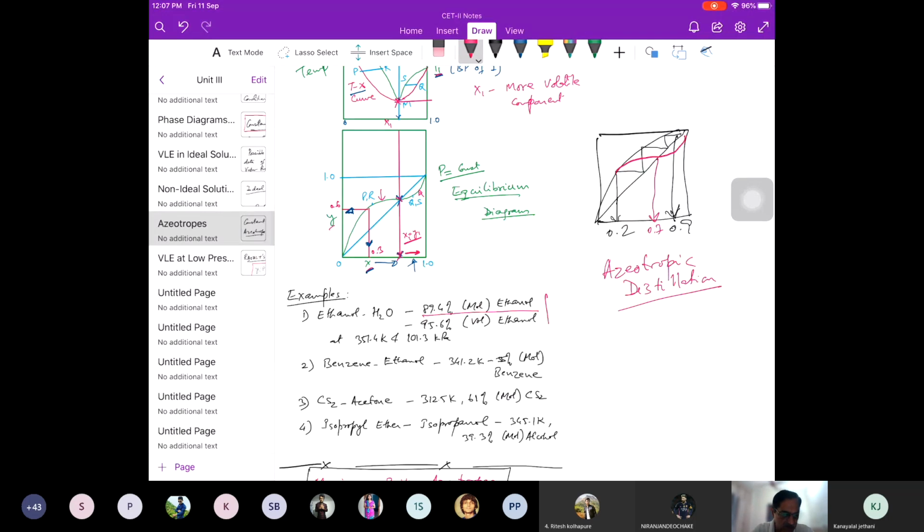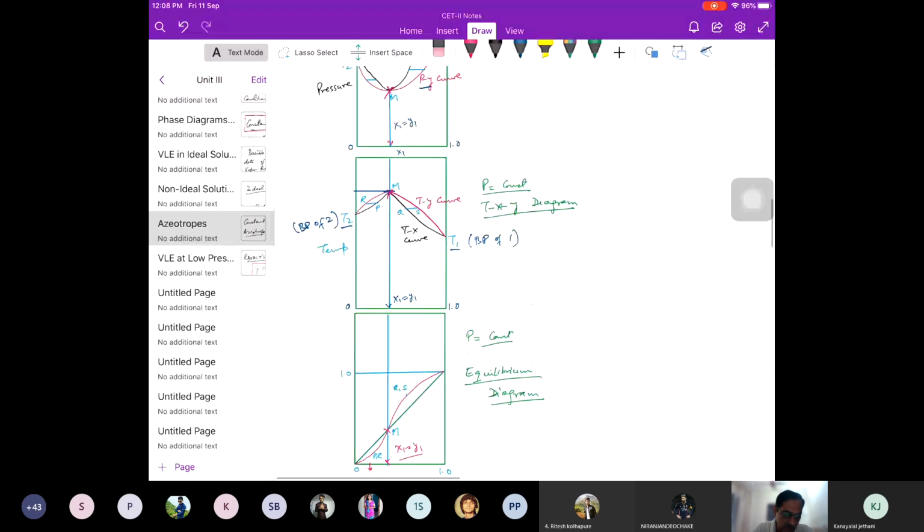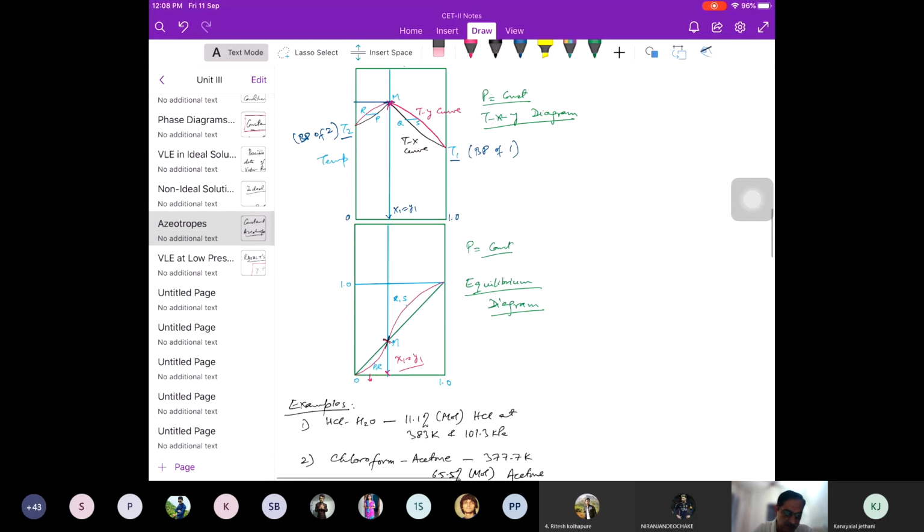Similarly, other examples. In the case of negative deviations from ideality, the curve is just inverted, but the concept is the same. This is the azeotropic composition, where the crossover of the y-axis curve happens.